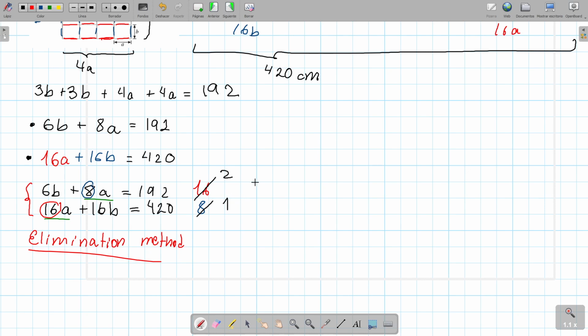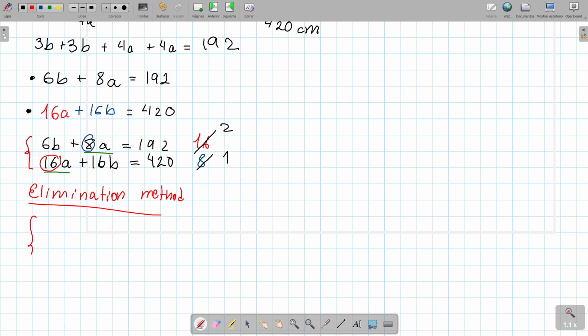If I do the multiplication right now, what am I going to have? 6 times 2, 12, so we got 12b. 8 times 2, 16. 192 times 2, 384. 16 times 1, we have the same here, 16a plus 16b equals 420. Here I forgot to put a.